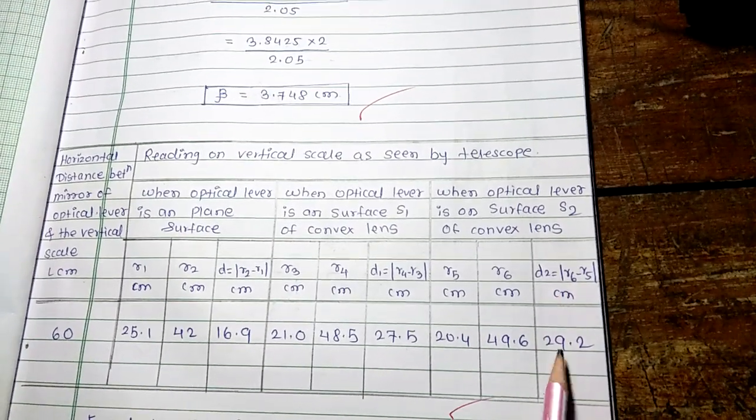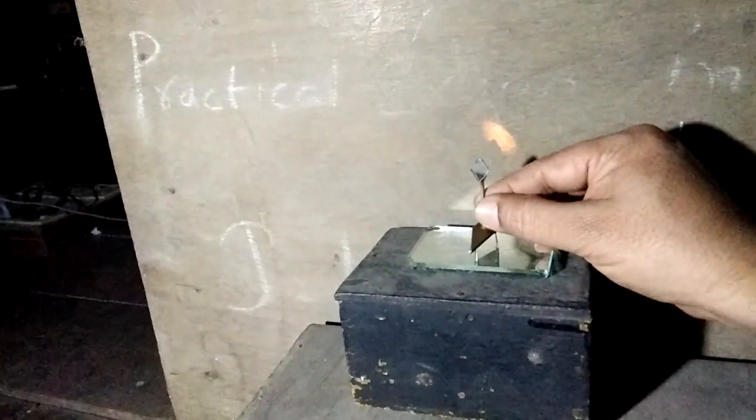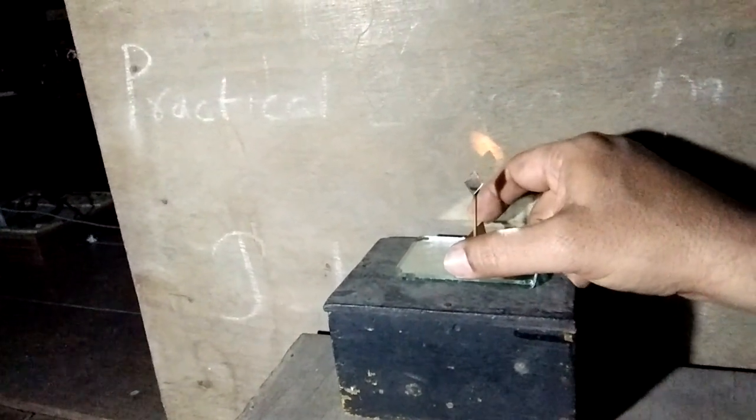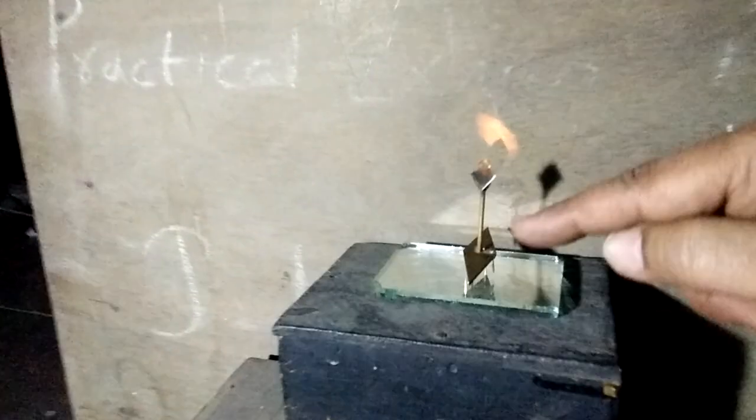Now remove this lens and mount this optical lever only on the plane surface, that is on the mirror, and see that it is resting on front leg.